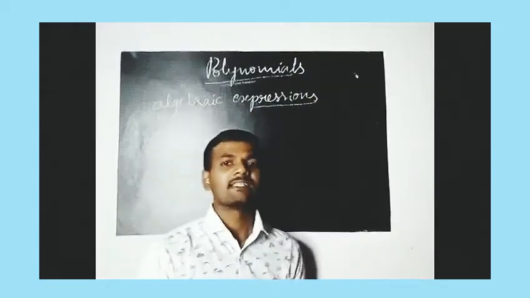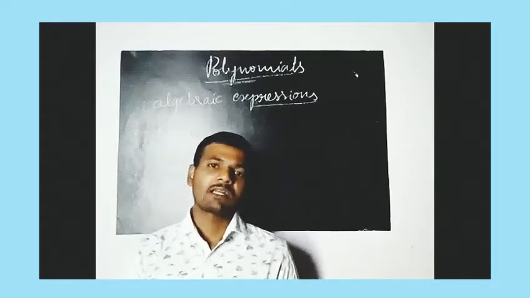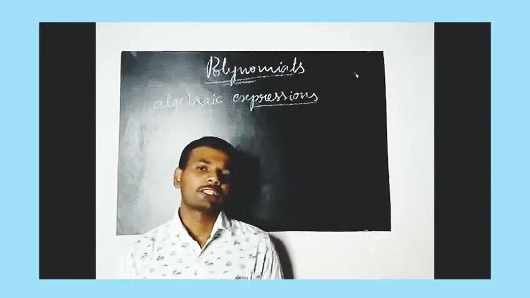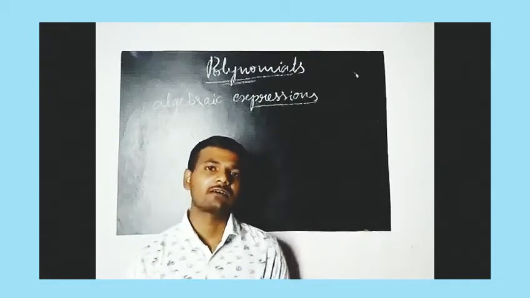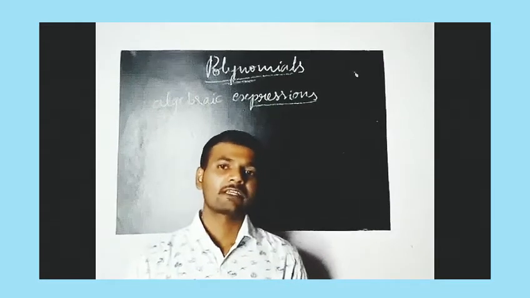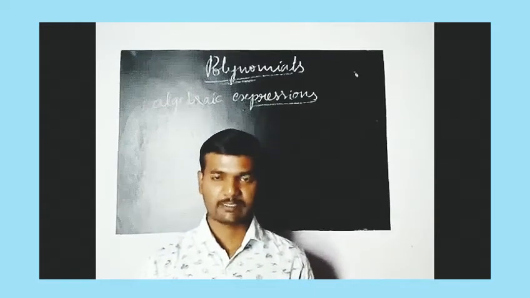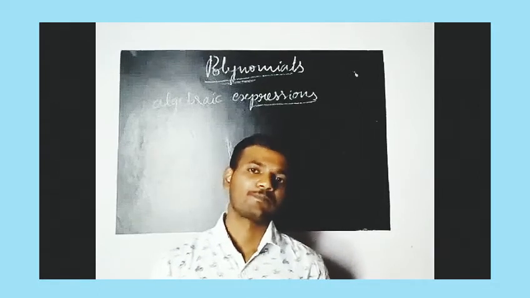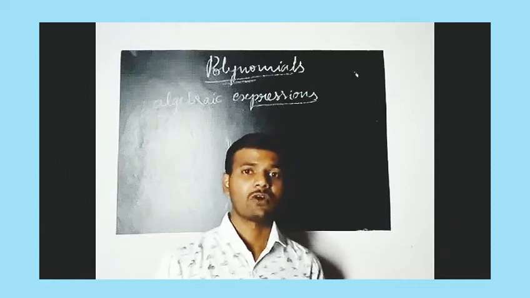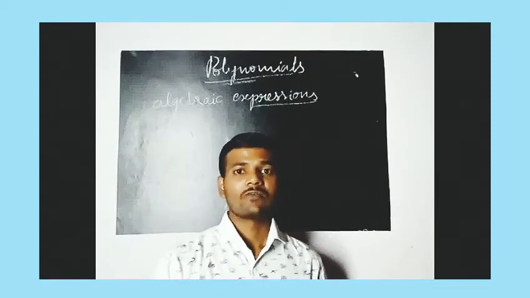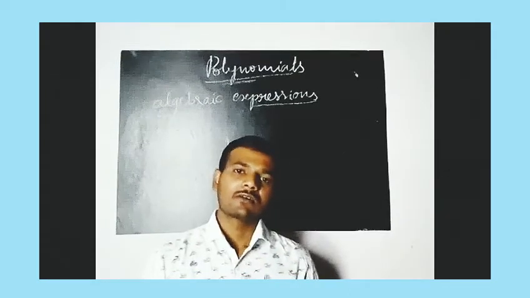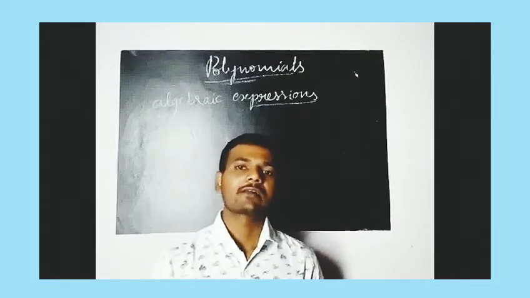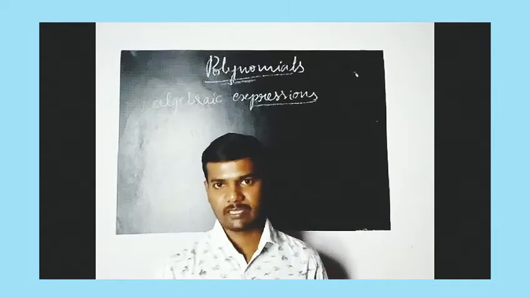Algebraic expressions are mathematical statements in which the terms are connected by positive and negative, or additive and multiplicative signs. The terms are constants, variables, or combinations of constants and variables.